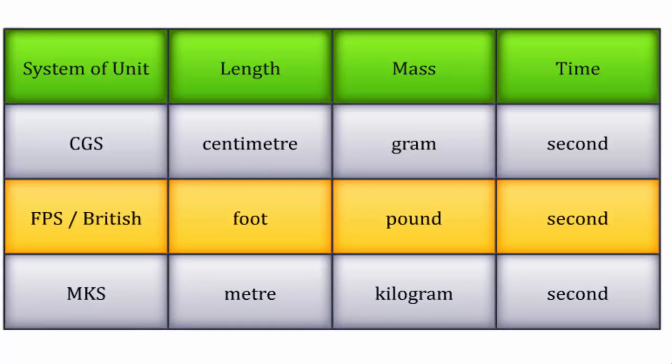These units are adopted by Britain, and hence the system is referred to as the British system. The third system of units is the MKS system, which stands for meter, kilogram, and second.